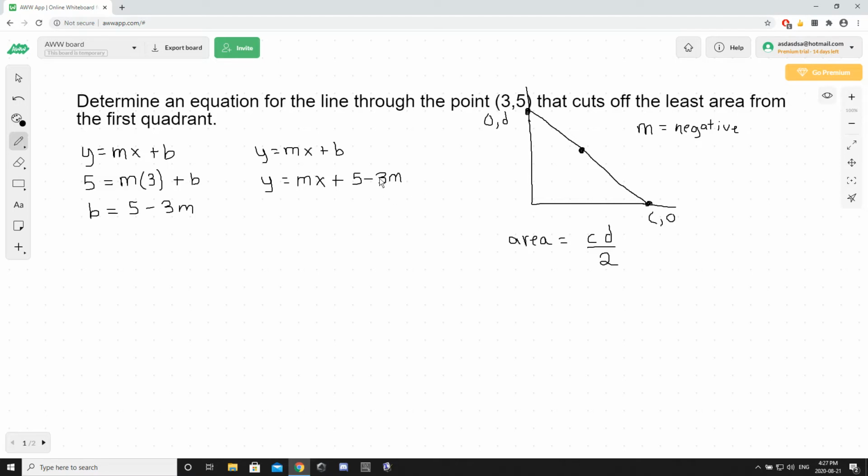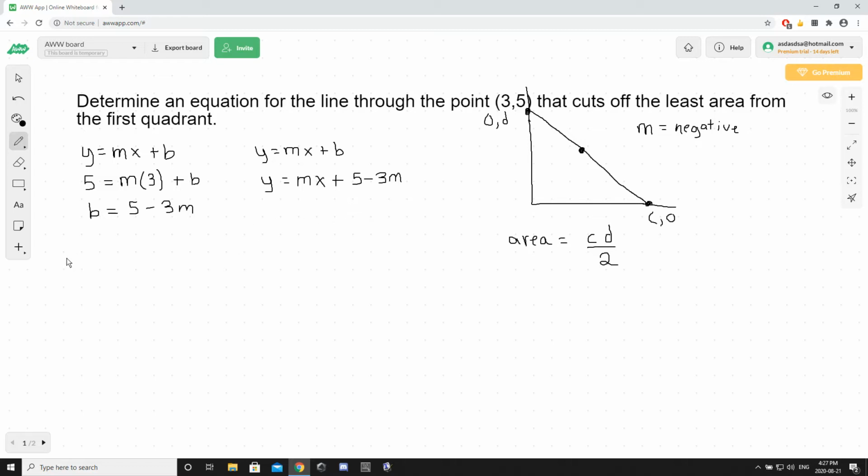We could plug that into this equation and come out with an equation for c where our only unknown is m. We can do the same thing with (0, d): plug it into our equation for the line and come out with an equation where the only unknown is m. Maybe that's throwing you off. Let's just do it, and you'll see what I mean.